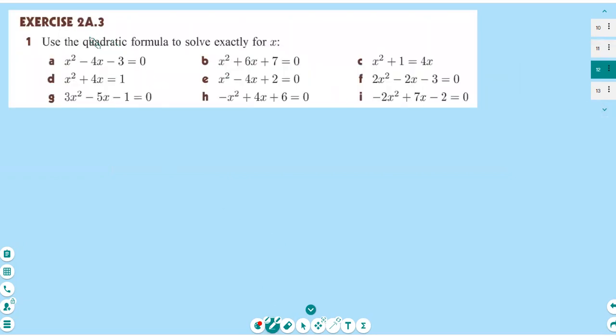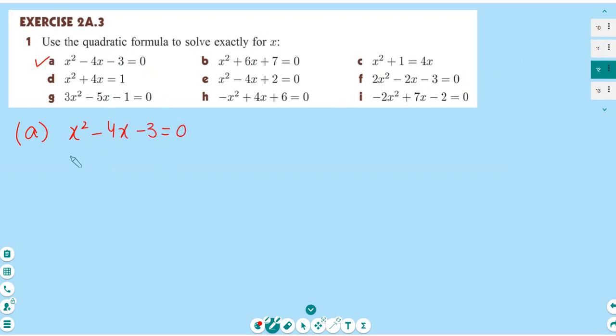Okay, so this is exercise 2A.3 and it's question number 1. The statement is: use the quadratic formula to solve exactly for x. So I'm going to solve part A. In part A, I have x squared minus 4x minus 3 equals 0.